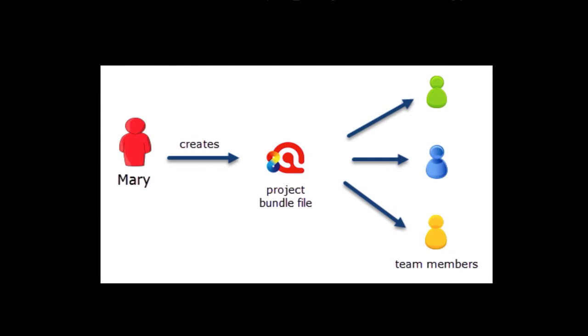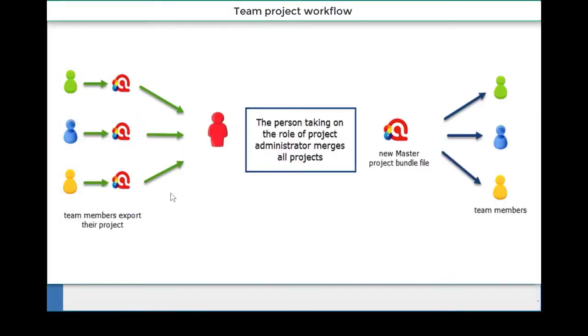And the way you have to set up a team project, so I'm Mary now, is it always goes in one direction. The project administrator has to set up the project and then needs to export the project, and then can give it to the various team members, and the various team members then have to give it back to the project administrator, again via project bundle file.